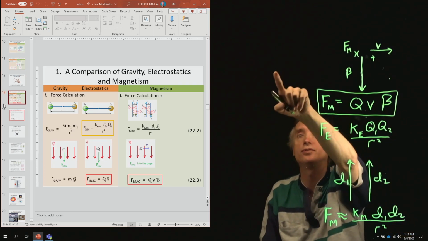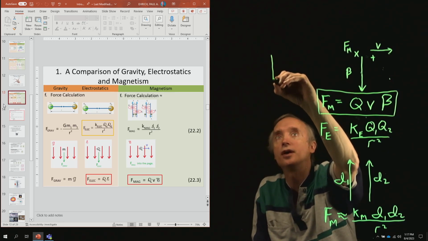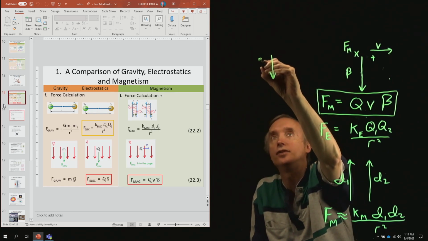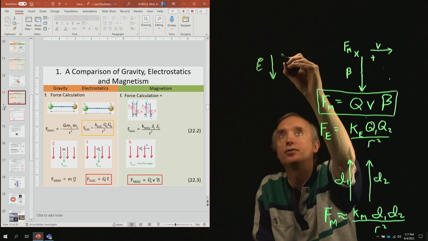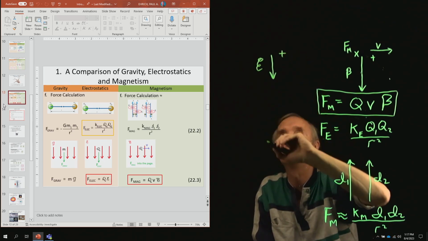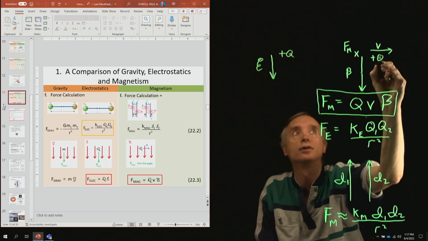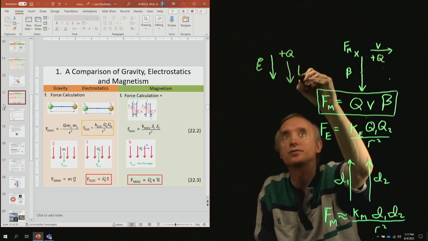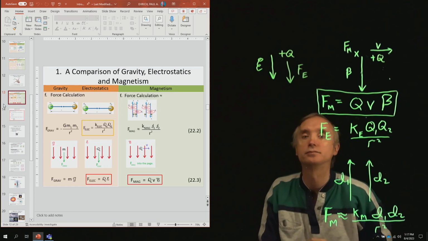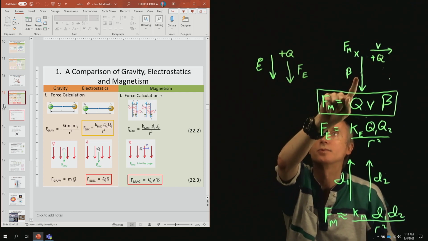Let's compare it to, over here, electricity. So if you have an electric field that is pointing down, and then you take your charged particle, Q, and you put it into that field, it experiences a force of electricity that's going to pull it down. So again, notice how it's not the same as this one over here.